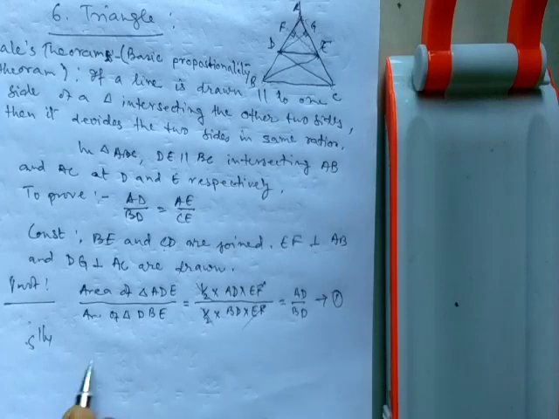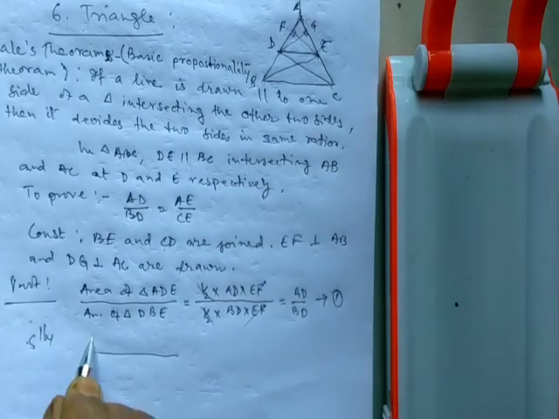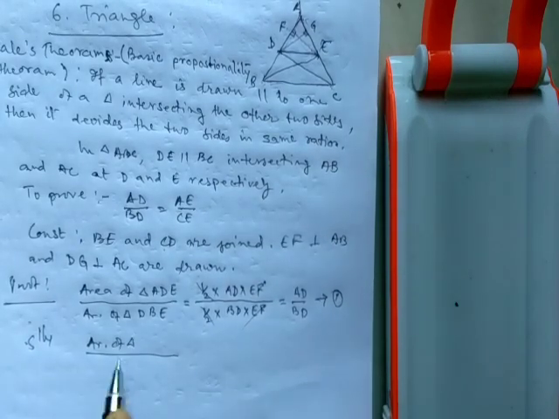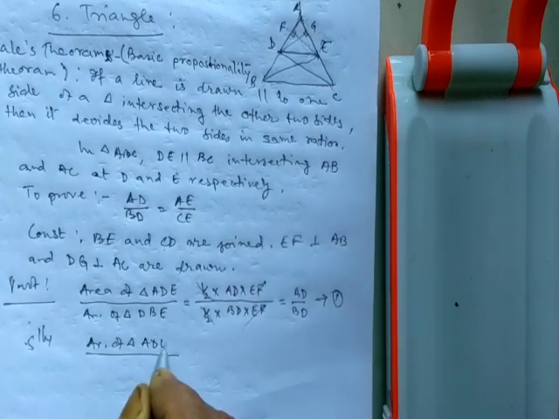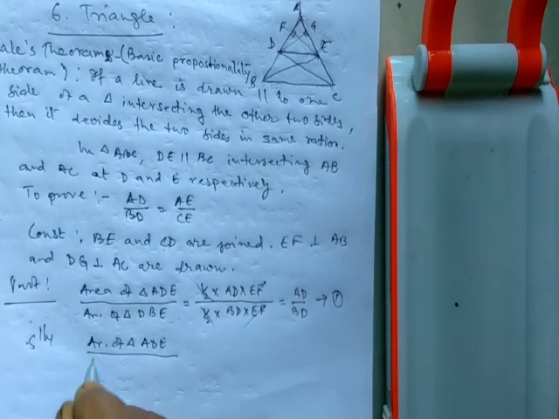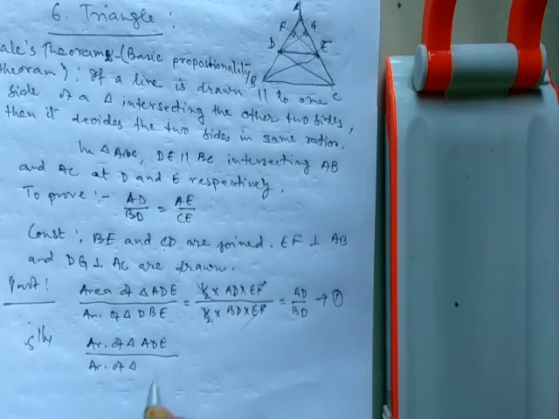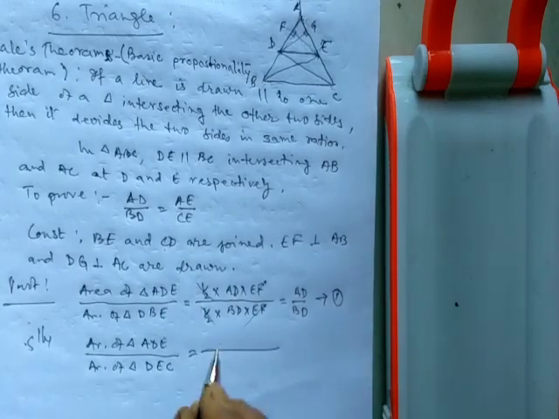Similarly, area of triangle ADE by area of triangle DEC is equal to, how much does it come?